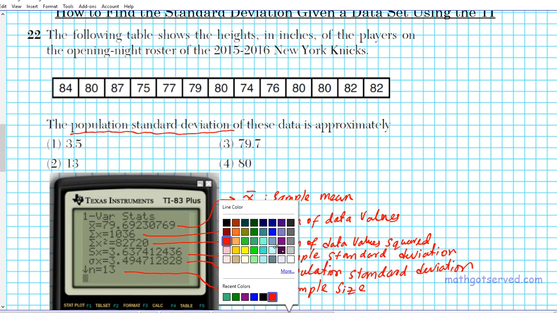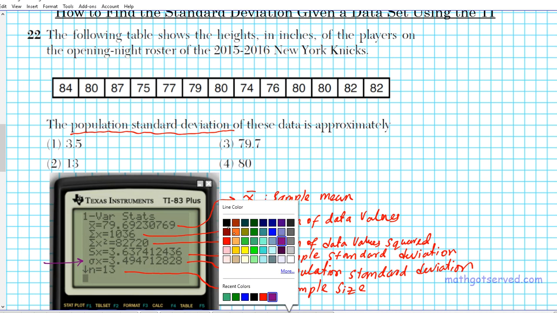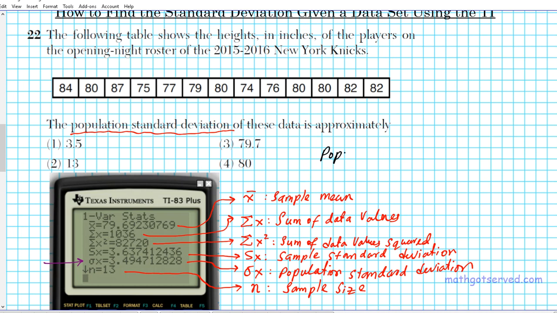We are looking for the population standard deviation, which is this one right here, lowercase sigma x. So let's write down our answer. The population standard deviation is sigma x, which is 3.494712.